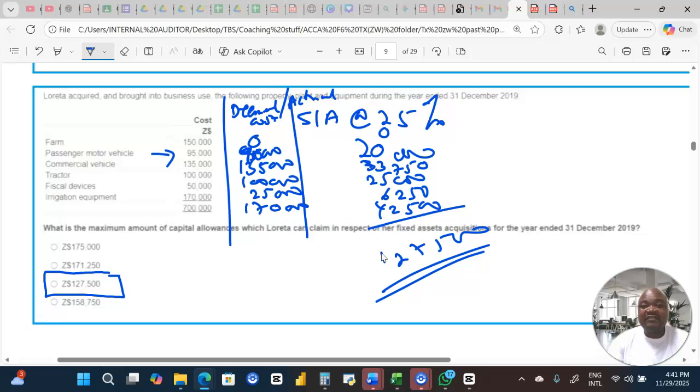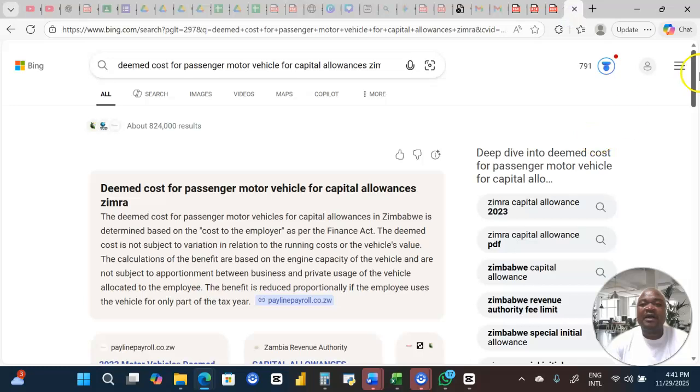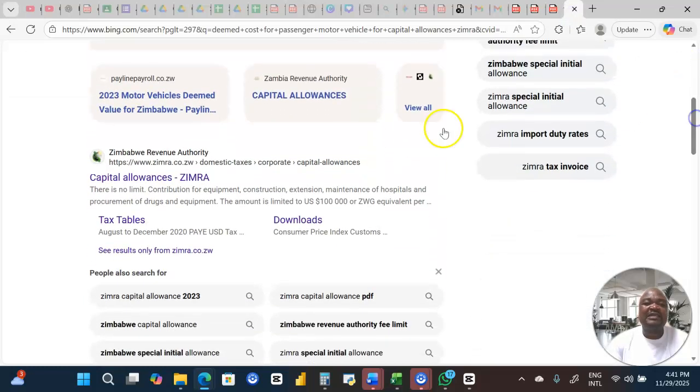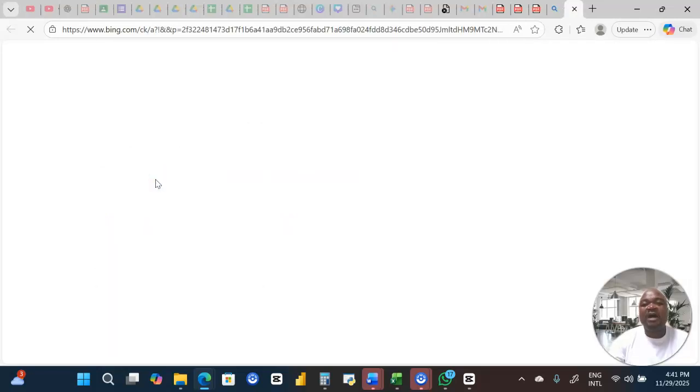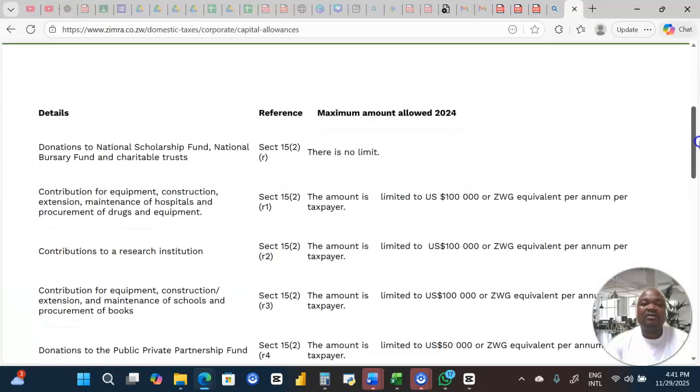It is safe to simply use the figures for now because the aspect of deemed cost is not clearly provided for on passenger motor vehicles. It seems the Act has abolished that, and they are only concentrating on deemed cost of newly constructed assets as given on the website there. They were not talking much about motor vehicles or other assets. Look, this is the Zimra website we are talking about, and it is not clear as to what it wants on capital allowance.